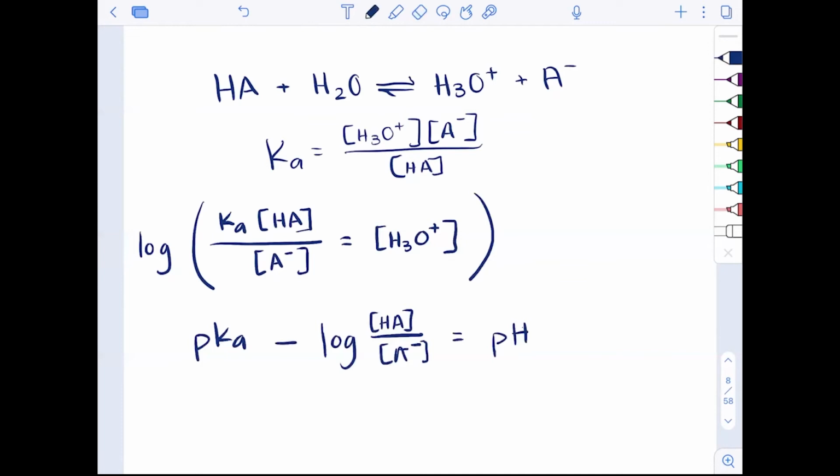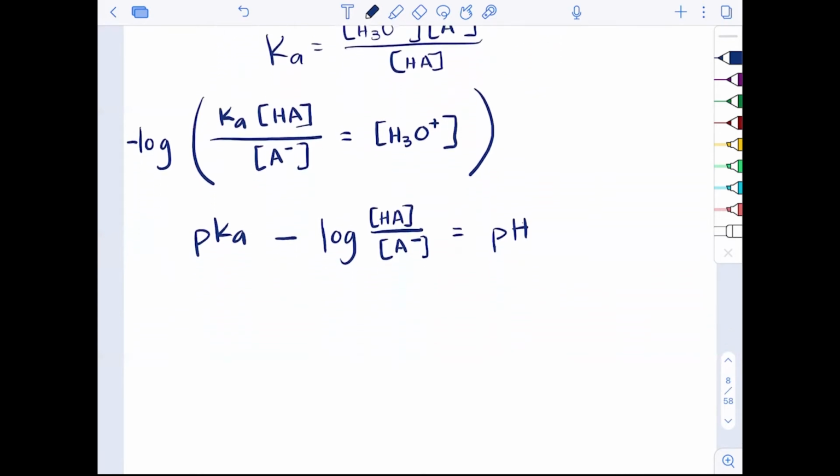Negative log of both sides. This equation is extremely useful, but what we are assuming is that we will have an X value that is small, so our Ka is very small.